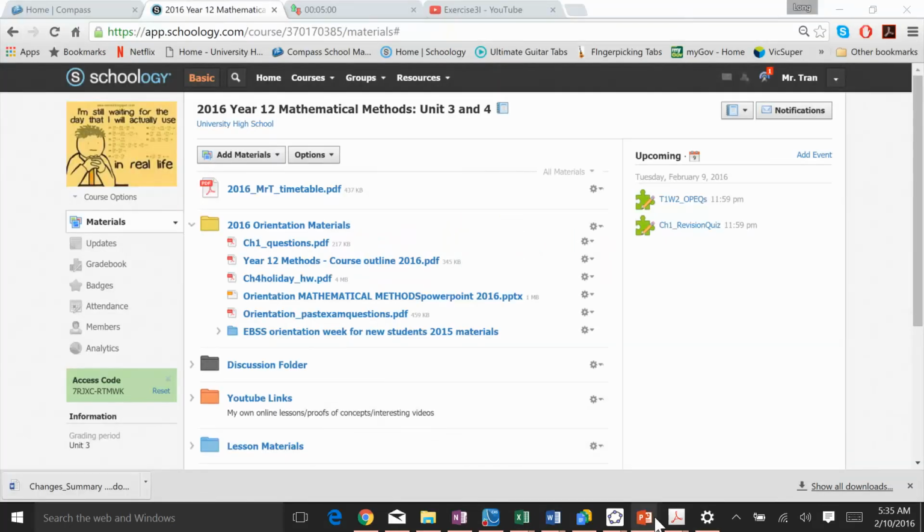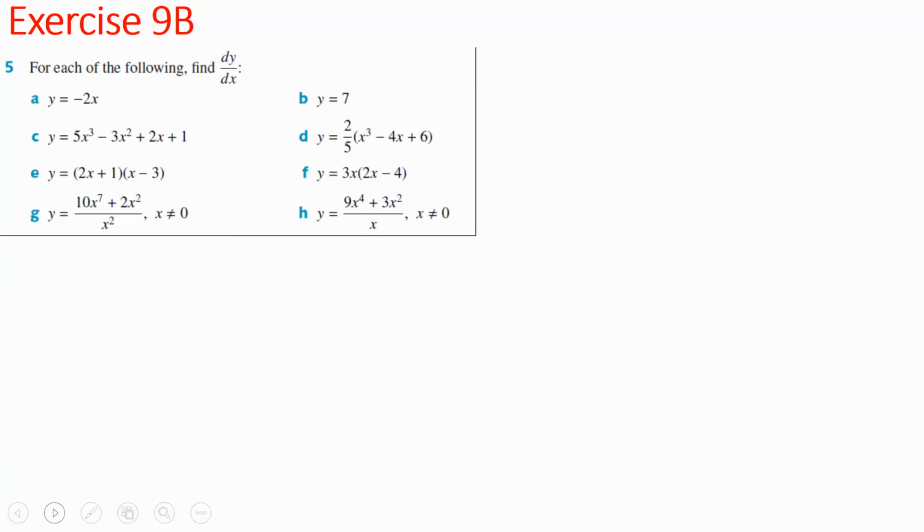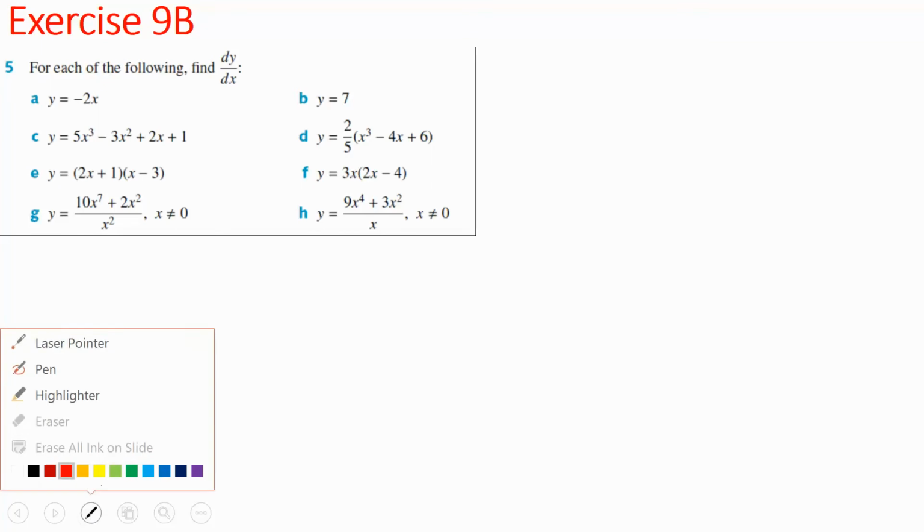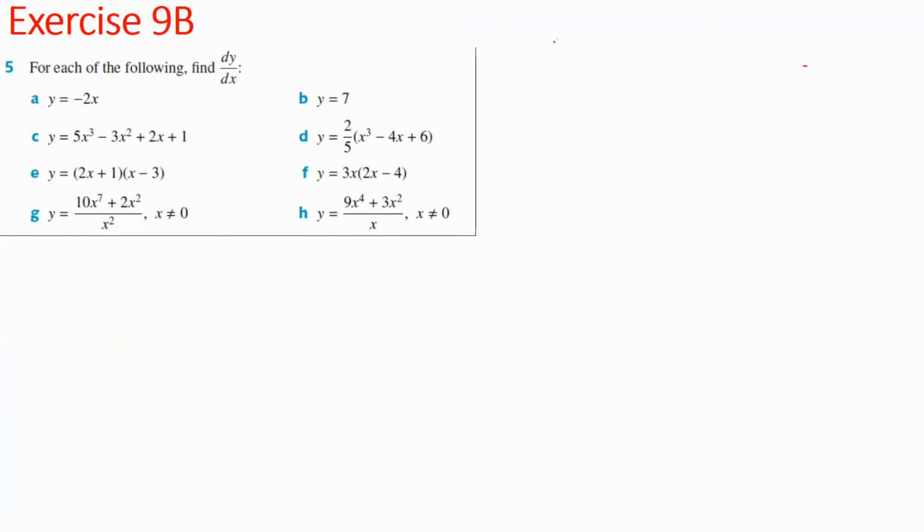Okay, so the first one that we are doing is the power rule. These are your power rules. Exercise 9B, C, and F is a power rule problem. Just to remind you what the power rule was: if you have y equals ax to the power of n, so it's a polynomial, x to the power 2, that's what n would be, x to the power 3, that's what n would be, then when you find the derivative, dy/dx, which is the derivative or the gradient function, remember that.